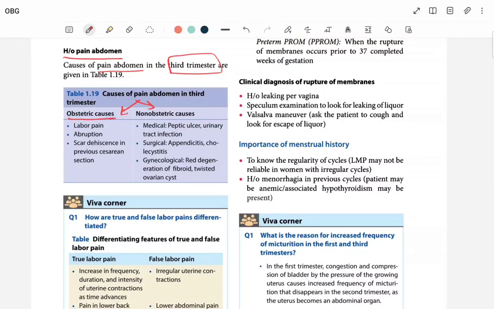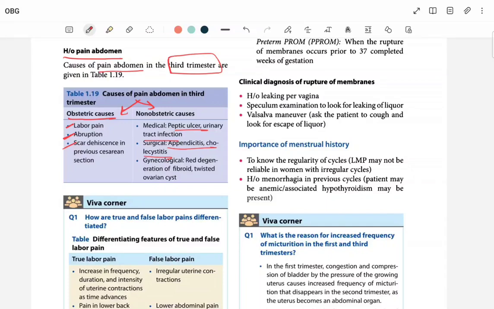One is obstetric causes, such as labor pain, abruption, and scar dehiscence in previous cesarean section.